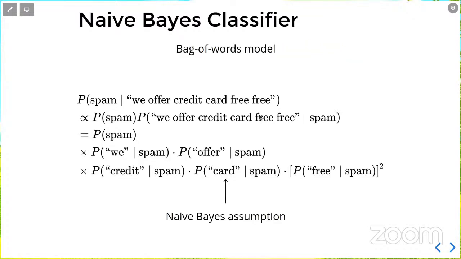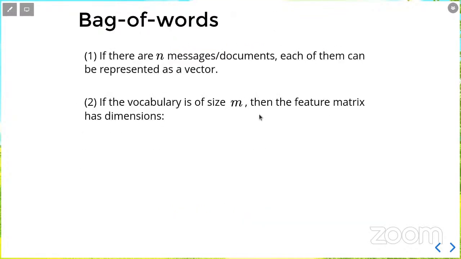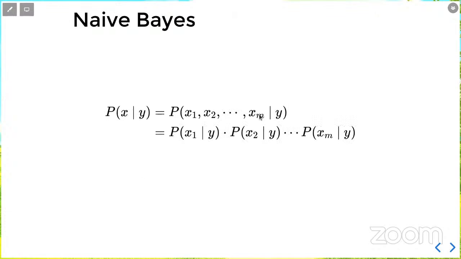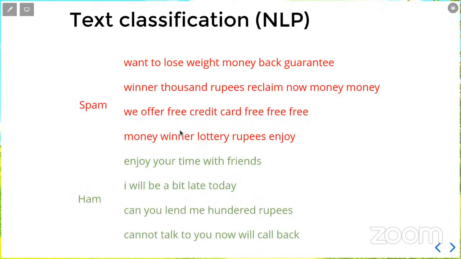Each word is independent given the class, right? Remember that. Word 1, word 2 till word m, right? There are m words in your vocabulary. So this is what you do, right? You multiply the probabilities of all the words given the class.